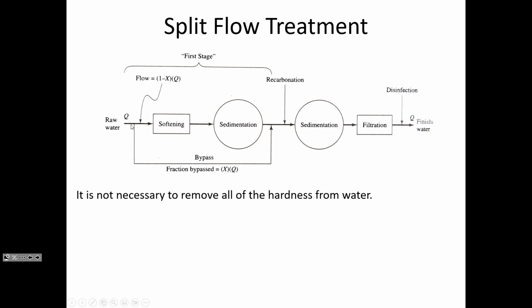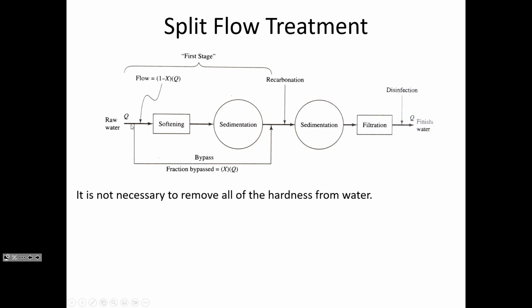Hopefully your source water doesn't have a ton of chromium and lead and mercury to begin with. If it did, then maybe they wouldn't do the bypass. They'd say, well, we'll just bite the bullet here and use up more lime because we really need that heavy metals removal. But places that didn't have a lot of heavy metals to begin with in their source water are happy to blend because it just saves lots of money.